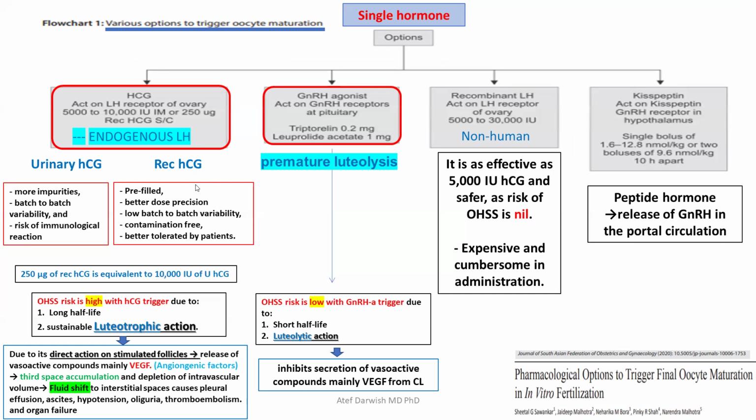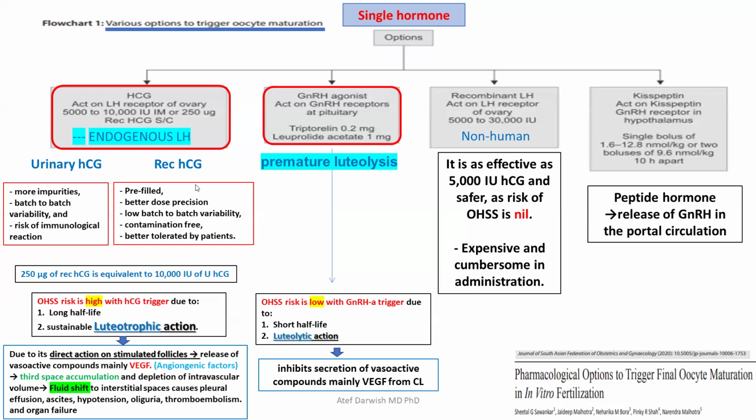Of course, recombinant is easier for application, prefilled, can be taken by the patient herself, has better dose precision, low batch-to-batch variability, is contamination free and better tolerated, but the urinary is cheaper, available, and widely used all over the world. The HCG is good in having a long half-life, and this will support the corpus luteum as it is a surrogate of LH.